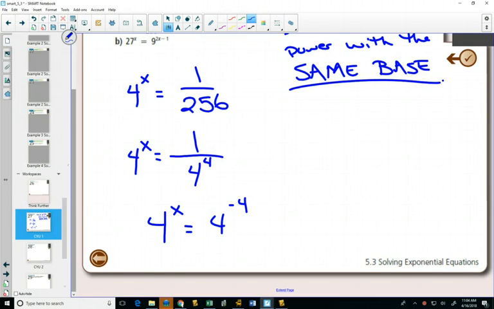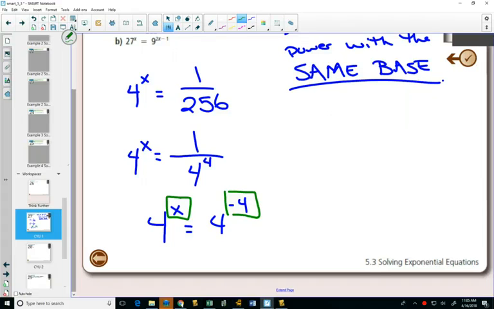And once we've written our powers with the same base, if these are equal, 4 to the x equals 4 to the negative 4, what does x have to be? Well, if they're equal, does it make sense that 4 to something equals 4 to something?